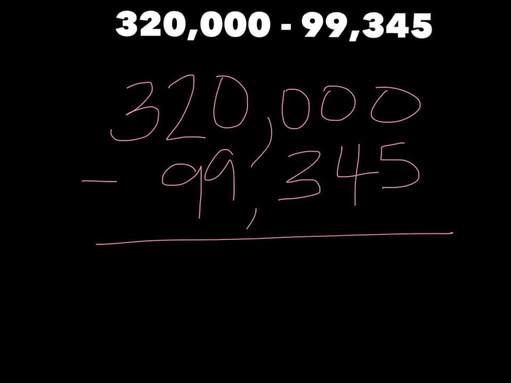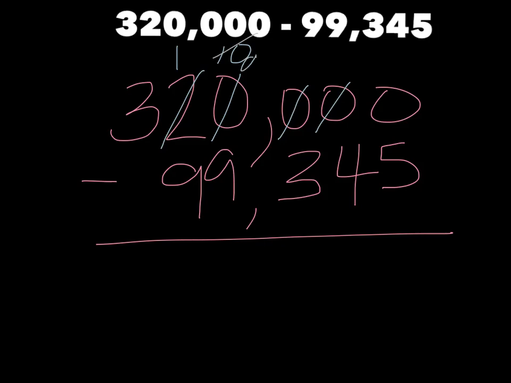And now we're subtracting. All right, obviously I can't subtract here, so I have to borrow. And I have to borrow all the way down until I have a number big enough to borrow from. And then remember, I'm always borrowing 10. So I'm in the 10,000s place, so I have to borrow a set of 10,000.